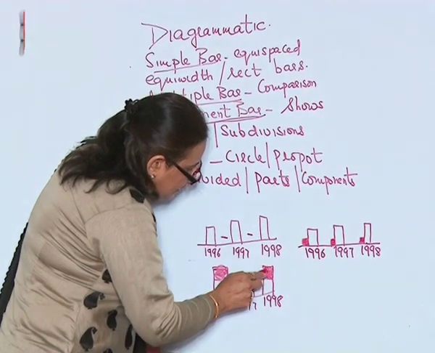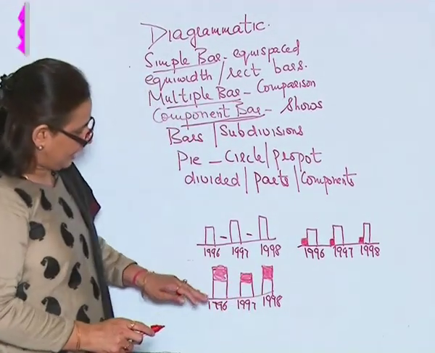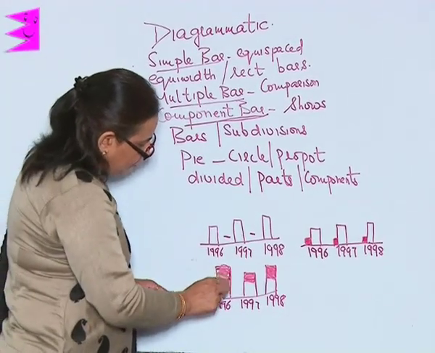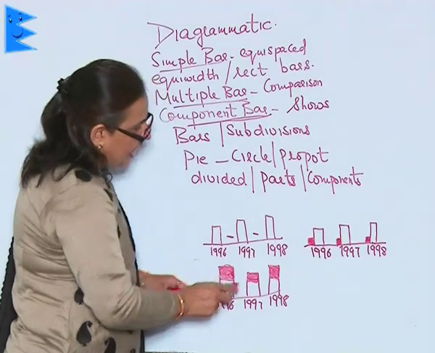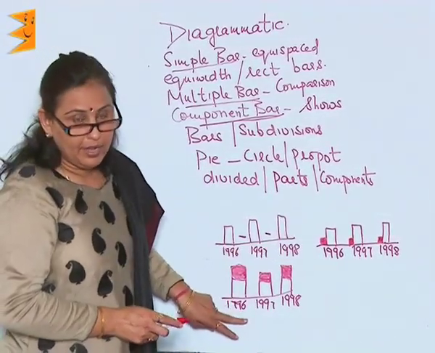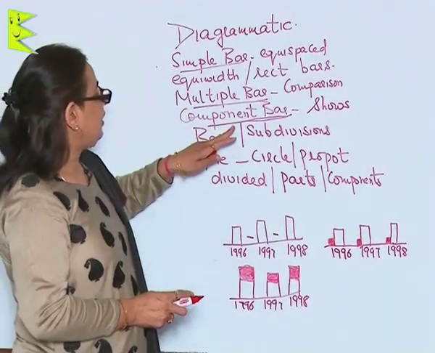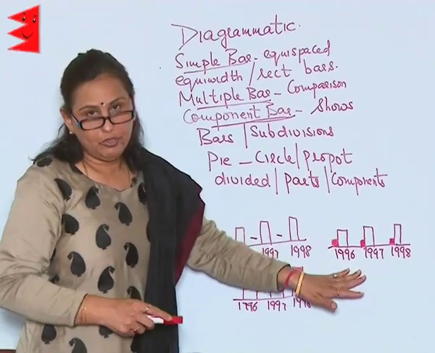So, in one particular rectangular bar, I am dividing it for giving two pieces of information from the same bar and not drawing another bar. What does this make it? This makes it a component bar.